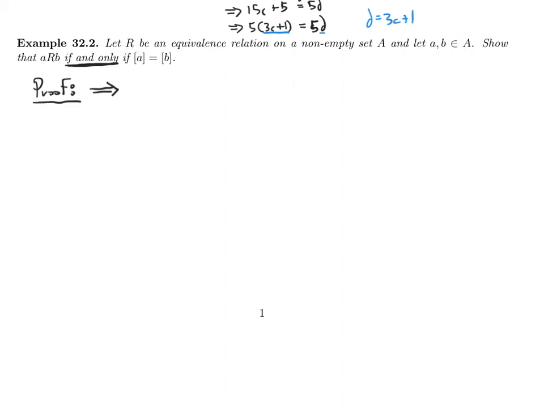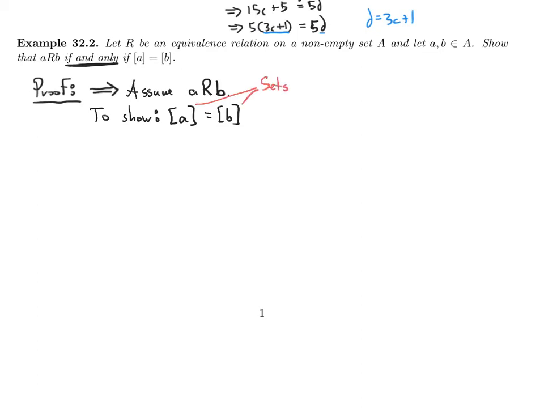So let's assume that A is related to B. And what do we want to show? We want to show that the equivalence class of A equals the equivalence class of B. Remember, these are sets.